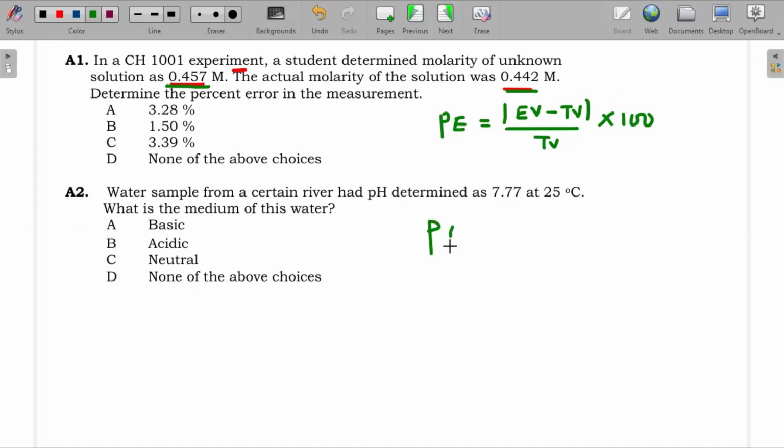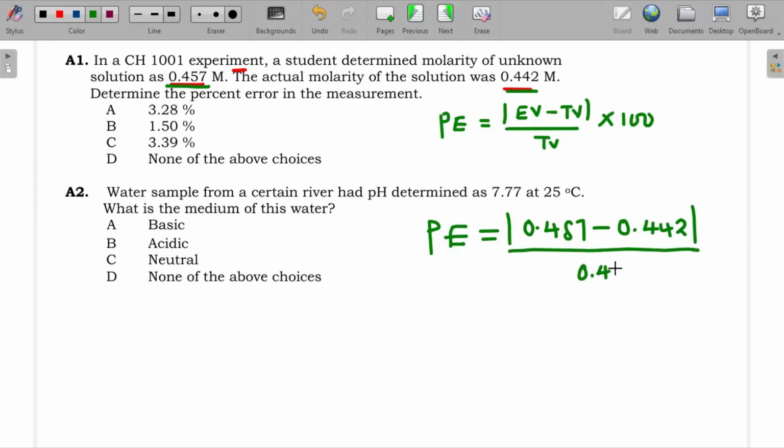Percentage error will be 0.457 minus the true value 0.442, divided by the true value, which is 0.442, then multiplied by 100. That is what we have there.